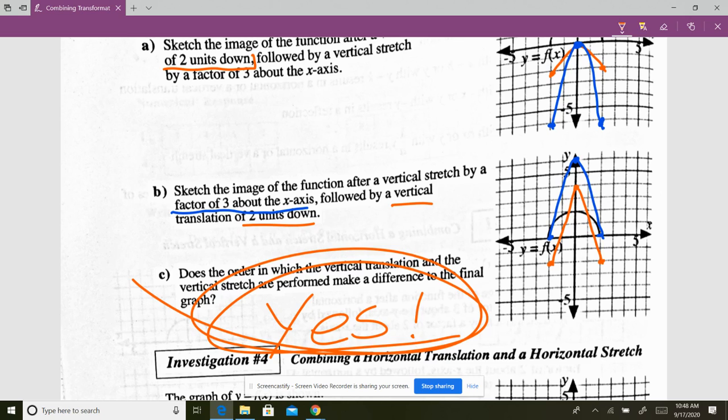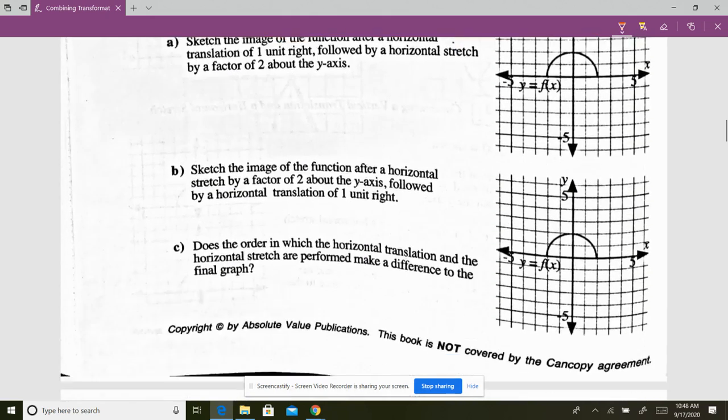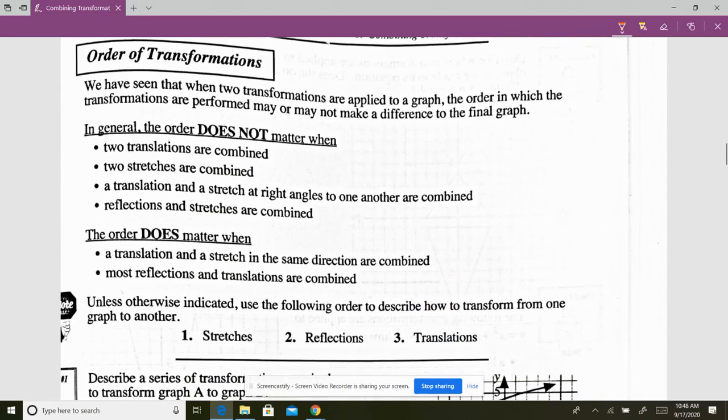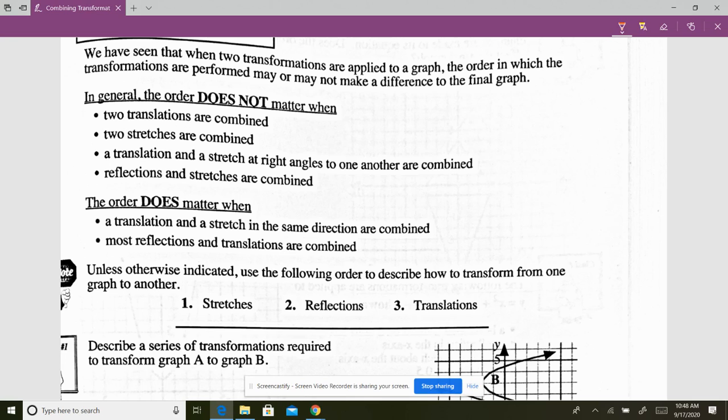How do you know when the order matters and when the order doesn't matter? Okay. Now, here's when the order does not matter. If you do 2 translations, like moving it side or up and down. Or you just do 2 stretches, expanding it vertically or expanding it horizontally.